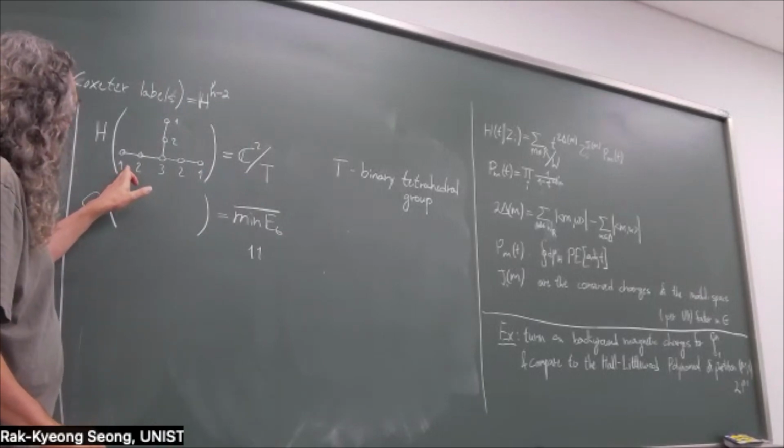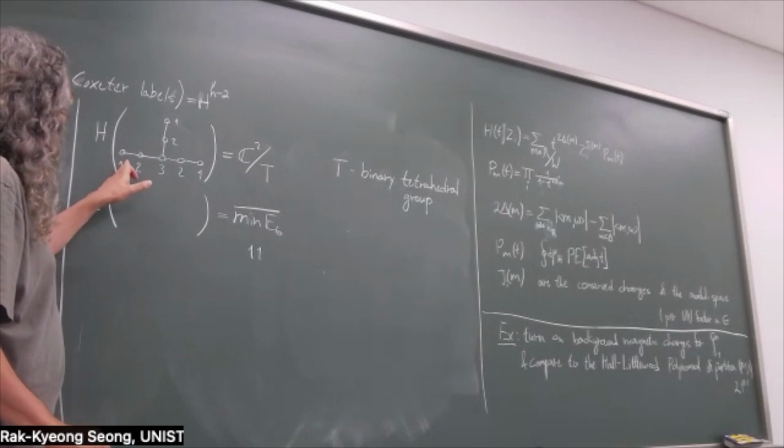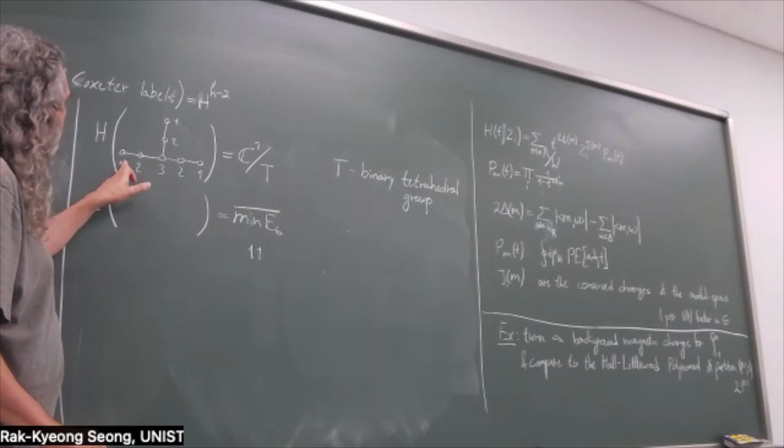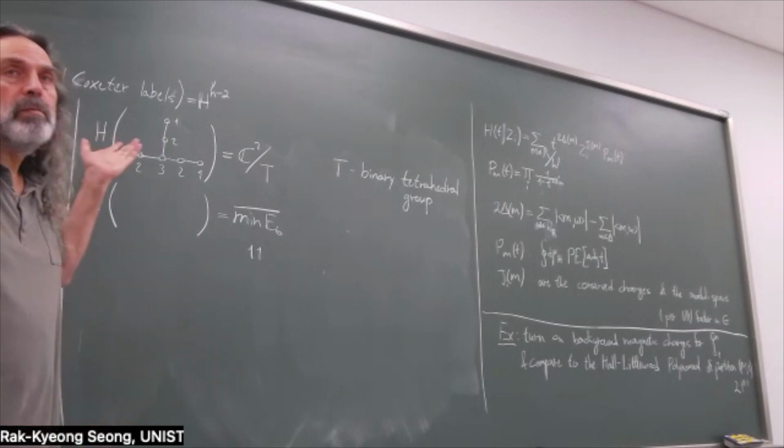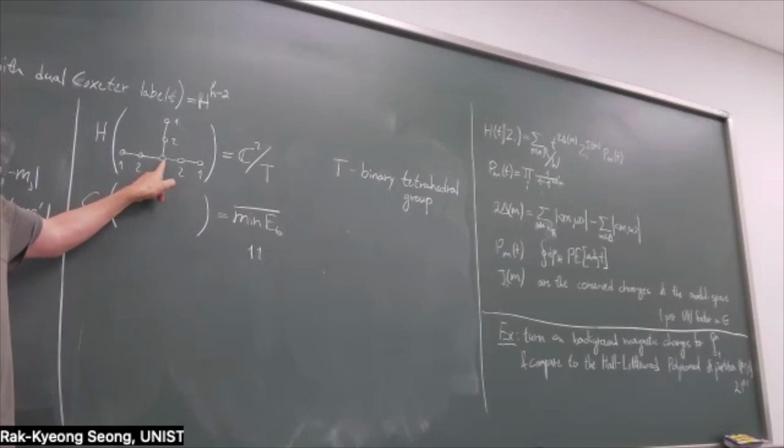And I will need to make a choice, which sum to do first. So can I treat the legs independently? Yes, so then it makes sense to leave this sum to be the last, to compute the Hilbert series for 1, 2, and 3 as background charge.